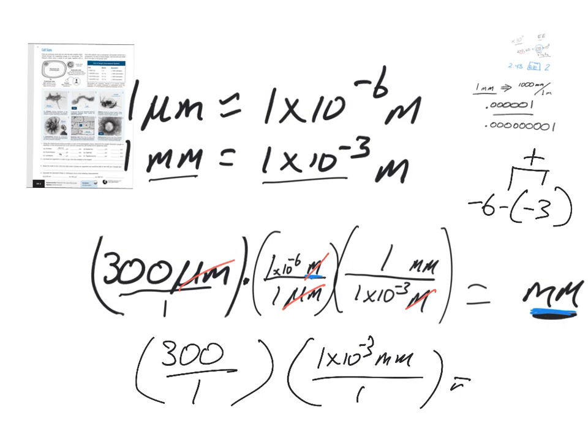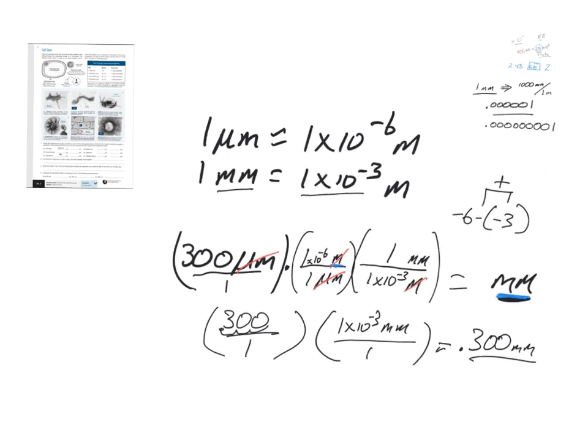In which direction? I'm going to move it to the left, because this is the same as dividing by 1,000. So I'm going to move the decimal 3 times to the left. So it's 0.300 millimeters. So 0.3 millimeters is 300 micrometers.